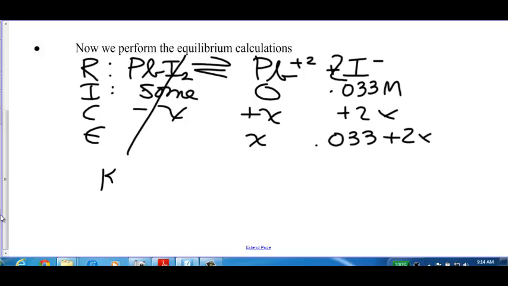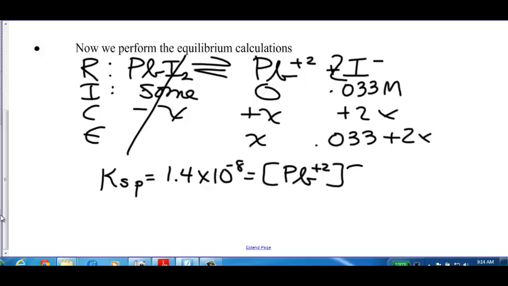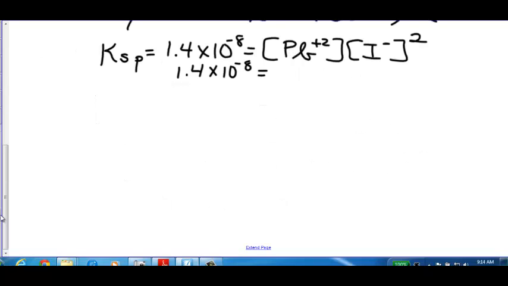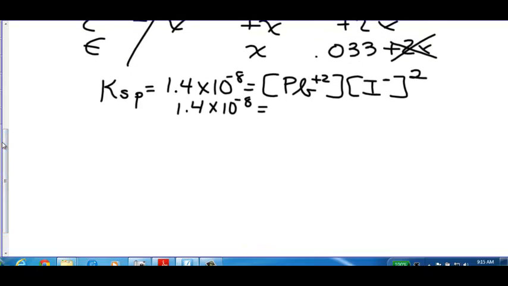So now, since this is the dissociation reaction, Ksp, which is equal to 1.4 times 10 to the negative 8, equals our concentration of lead ions times our concentration of iodide ions squared. Now, small K, right? So we can assume x to be negligible here. So 1.4 times 10 to the negative 8th equals the concentration of lead, let me just go back up here so we can see them, is our x times the concentration of iodide squared.